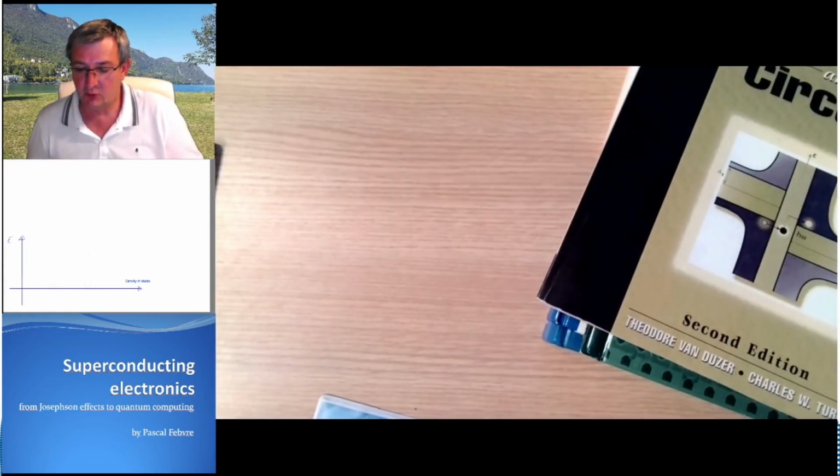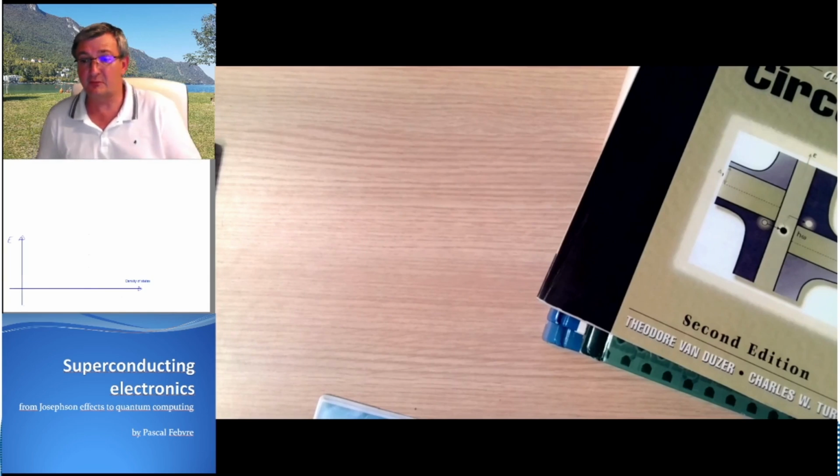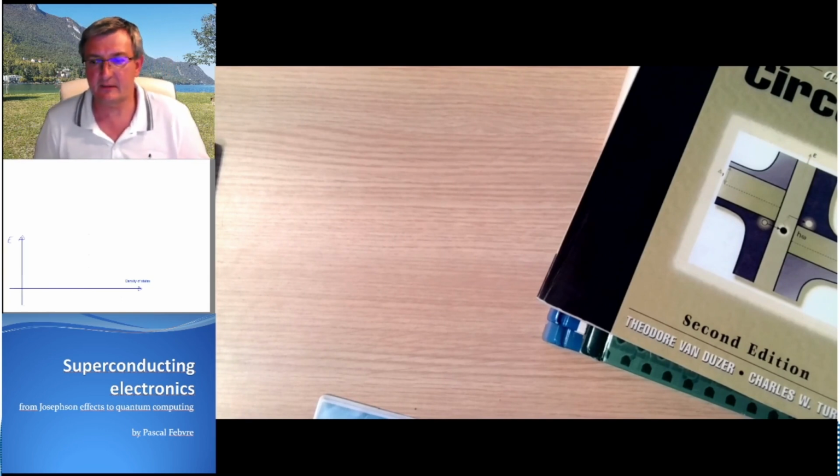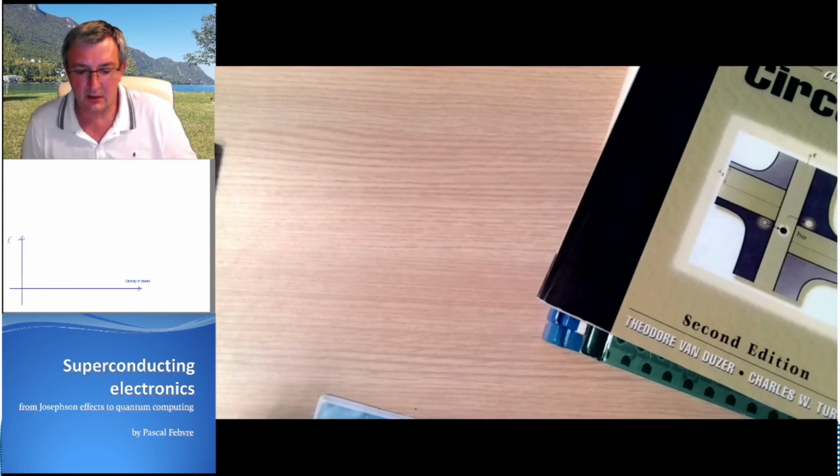you to have a look at them if you want to understand a little bit more. Of course, what I'm doing is just a short course, a review. The literature about superconductivity is so heavy. Just for the Josephson junction, you can find books of more than 500 pages. So there is a lot of knowledge about this field, and I can recommend a few books that are quite nice.